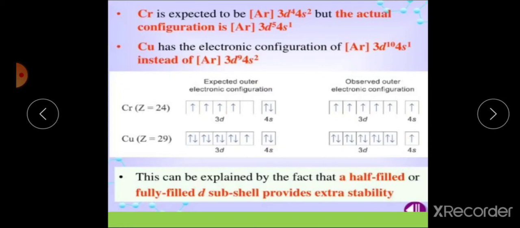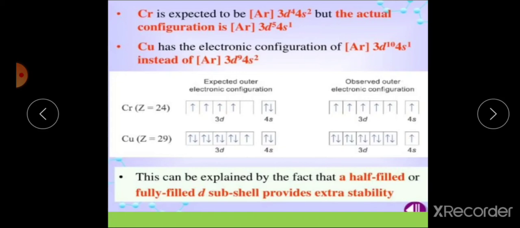This is because the energy difference between 3d and 4s orbitals is very low. The d orbitals are degenerate, meaning they have equal energies.